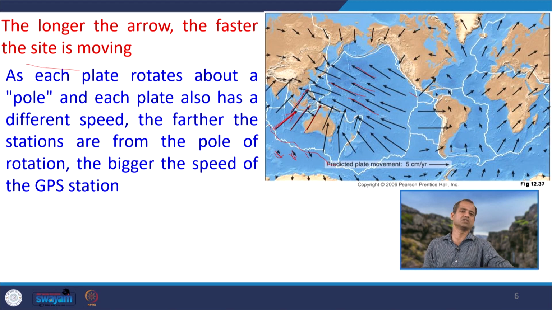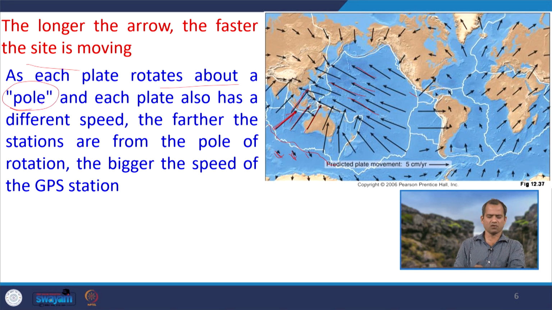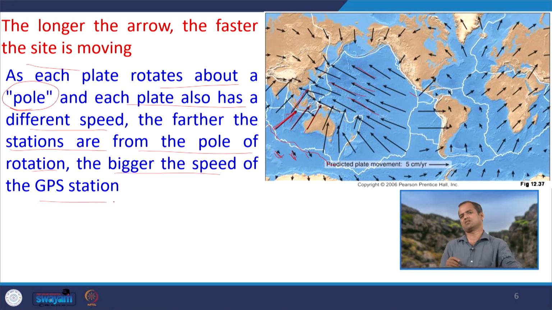As each plate rotates about a pole, the Euler's pole, each plate also has a different speed. The farther the stations are from the pole of rotation, the bigger the speed of the GPS station. So, once the GPS stations are away from the pole of rotation, they will record larger movement, or larger arrows can be demarcated there.